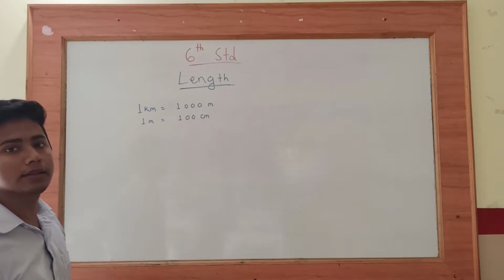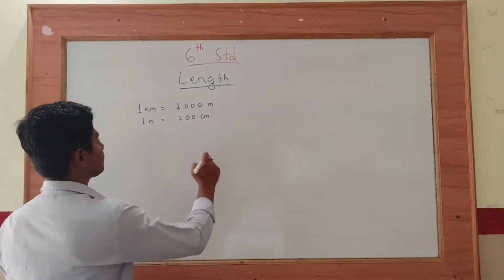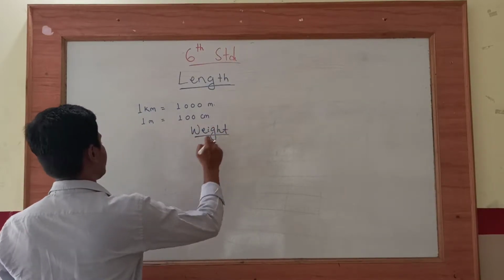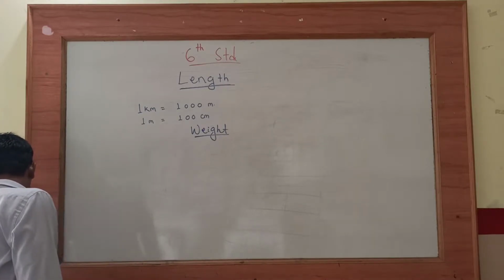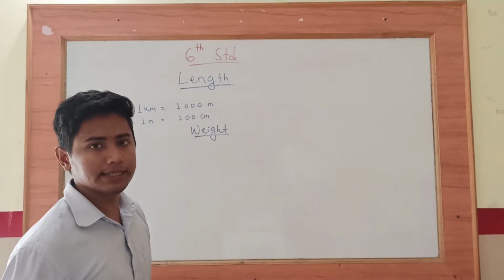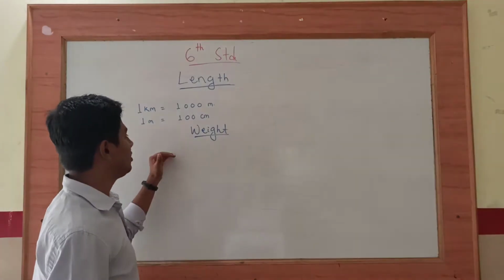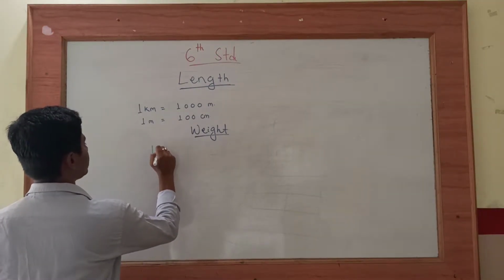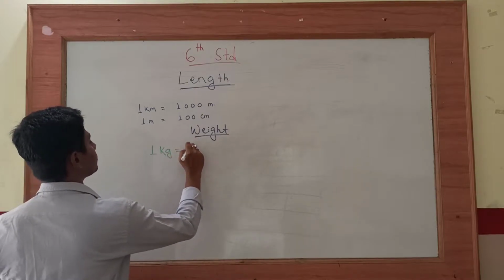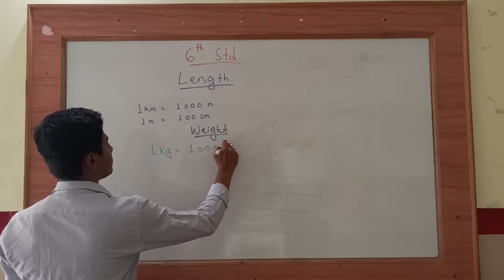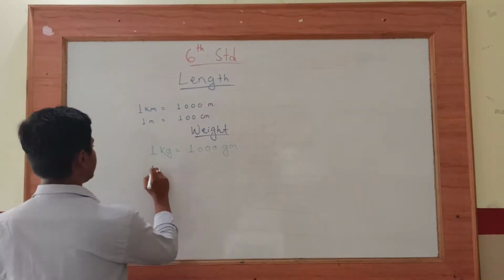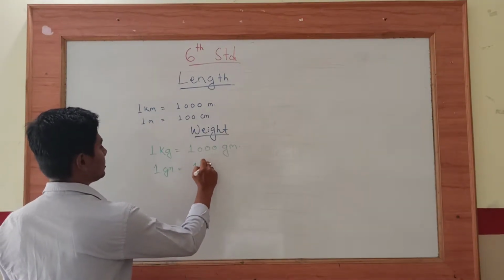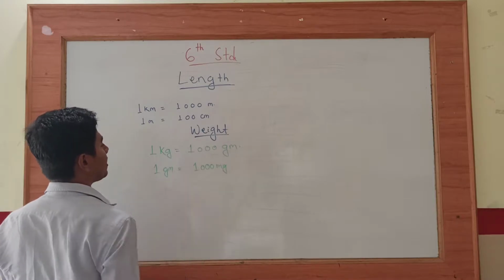Then, to measure weight, we use basic units: kilogram, gram and milligram. So first write 1 kg equal to 1000 gram, and 1 gram equal to 1000 milligram.